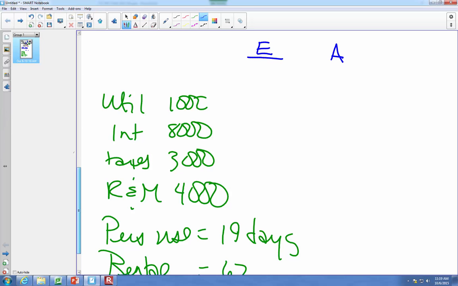Is this 80? What's the percentages? 19 plus 62 is 81. So 19 over 81 is what? 0.235.